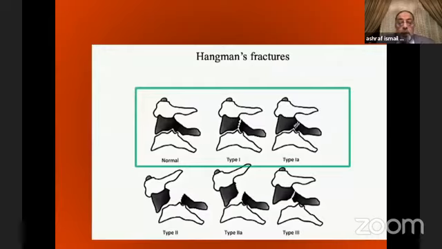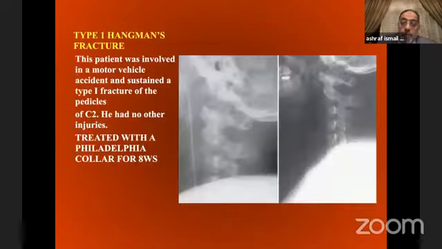So we have these parts: type 1 and type 2 may be treated conservatively, but type 2A and type 3 are treated operatively.